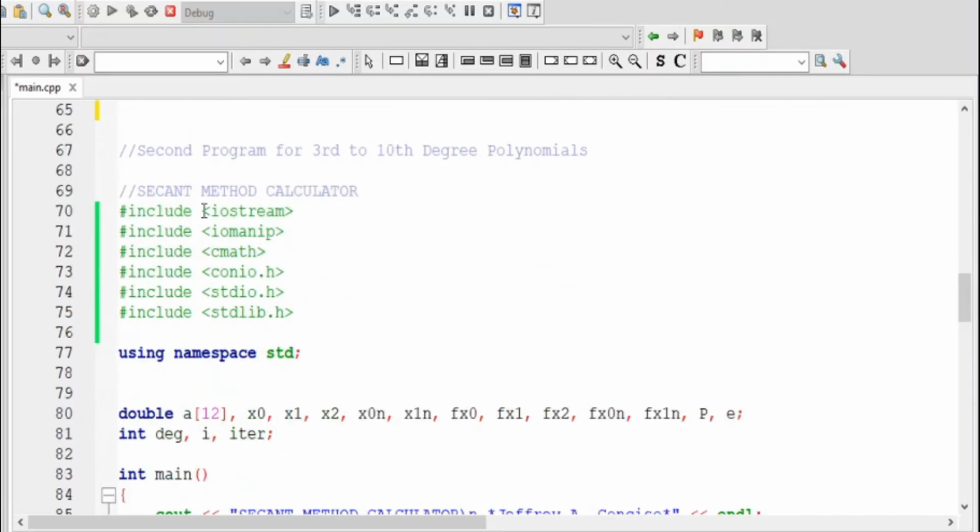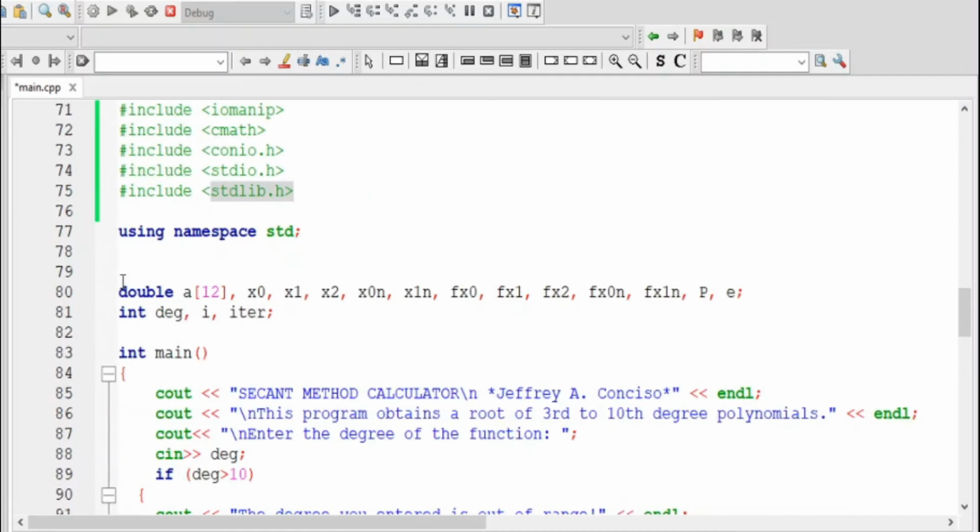We also include iostream, iomanip, cmath, conio.h, stdio.h, stdlib.h, and using namespace is also included. We declare the coefficients of our polynomial equation.